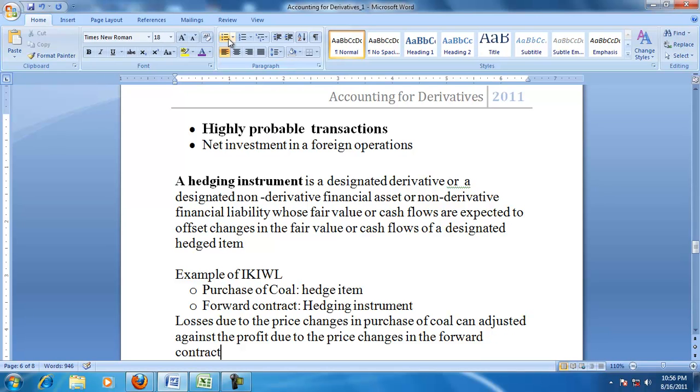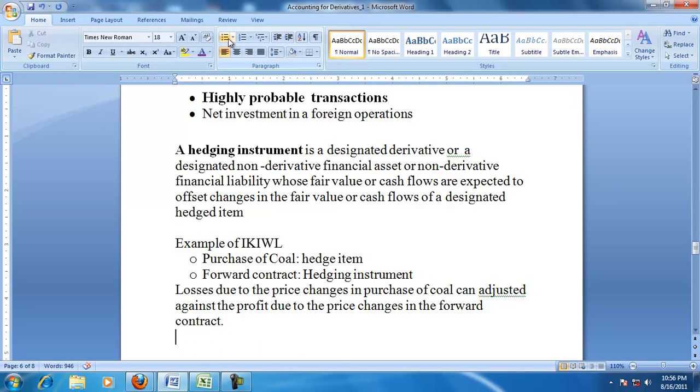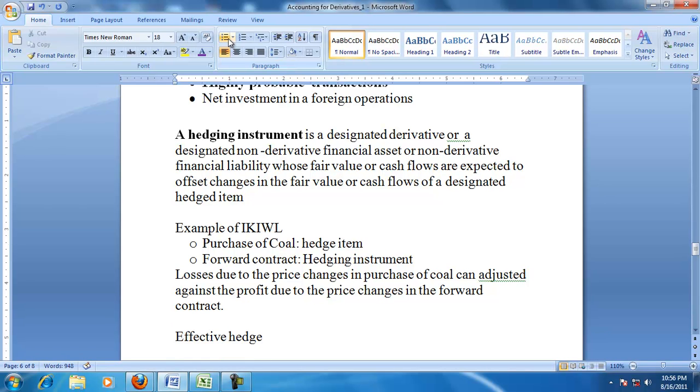So if the profits from the forward contract fully compensate the loss from the price change in the purchase of coal, then it is said to be an effective hedge. An effective hedge is one which completely nullifies the losses due to the price change on the hedge item. So that is why it is called hedge effectiveness.